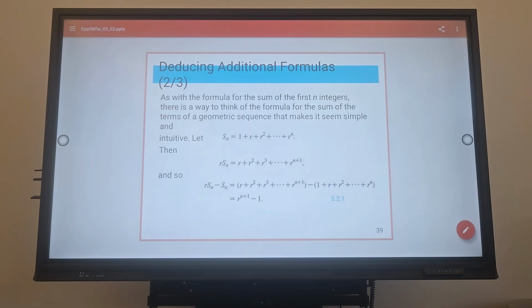And so r times S sub n minus S sub n is equal to r to the n plus 1 minus 1.